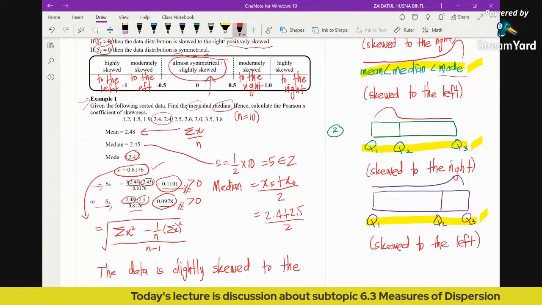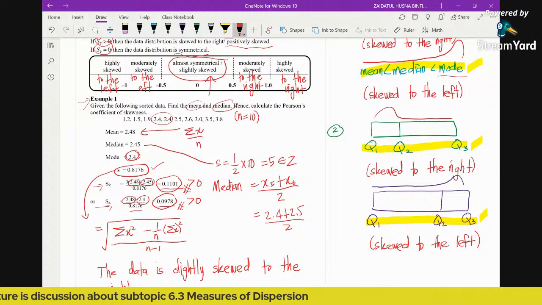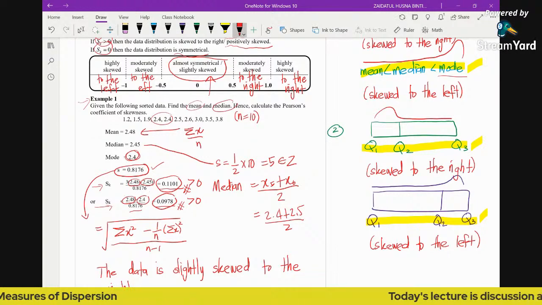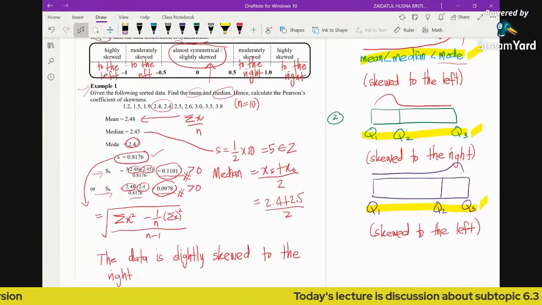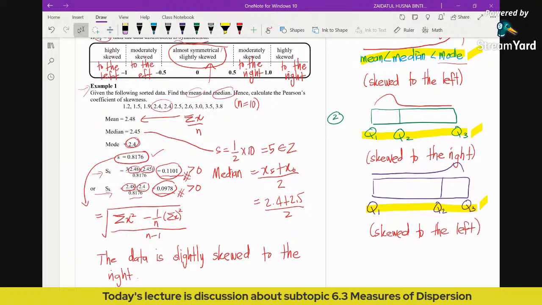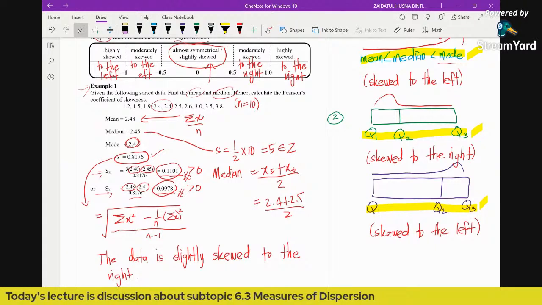We only give this conclusion if the question asks for interpretation. If they don't ask for interpretation, then we don't really have to give it. So that is how we do it. This is for ungrouped data. So this is basically the third method on how to find the skewness of data using Pearson's coefficient of skewness.